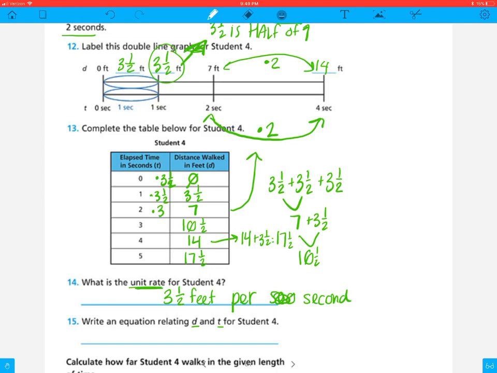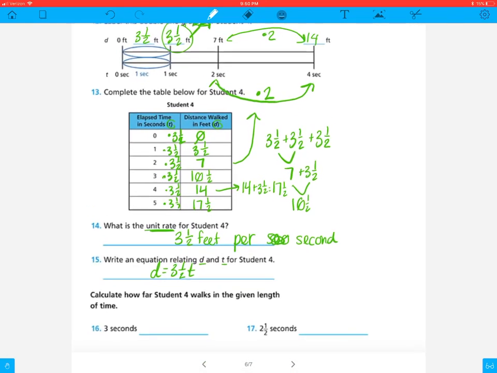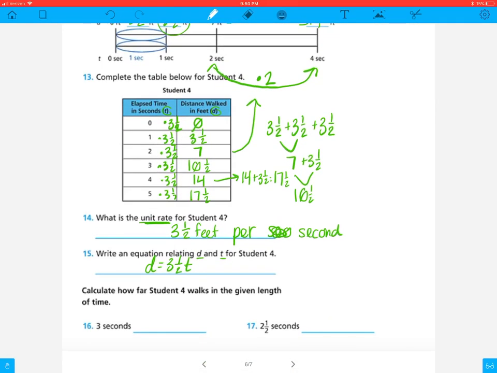I'm going to draw the 3.5 right next to my elapsed time, because our equation is 3.5 multiplied by t is equal to distance. So in number 15, when it says write an equation relating d and t, I will write d is equal to 3.5 t. 3.5 is the coefficient, and we're going to be multiplying by it.